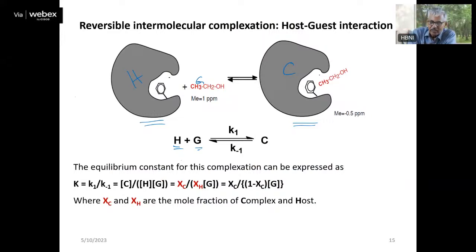You can very easily write the equilibrium constant. You can express it in terms of rate constants and also their individual concentrations, and from there you can go to their mole fractions. Finally, it is the mole fraction of the complex divided by one minus the mole fraction of the complex, which is nothing but the mole fraction of the host and the concentration of the guest.